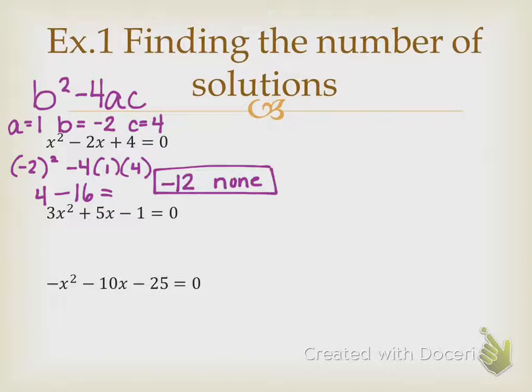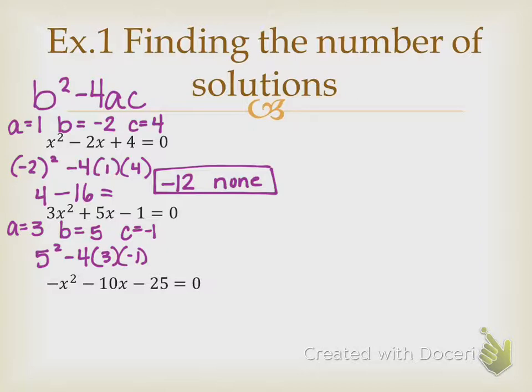All right, let's do the next one. Haley, label A, B, and C for me. A is 3, B is 5, and C is -1. Perfect. All right, Seth, plug it into the equation for me. 5 squared minus 4 times 3 times -1.